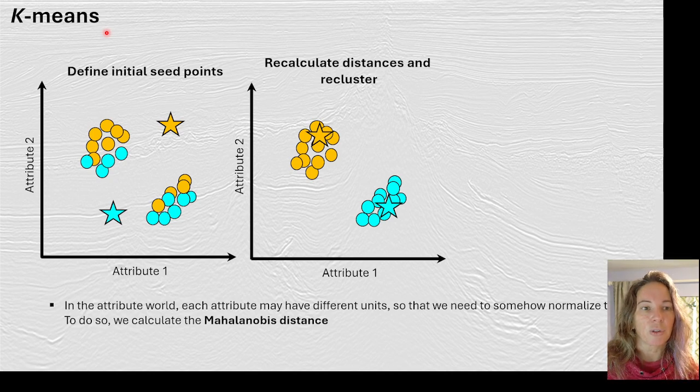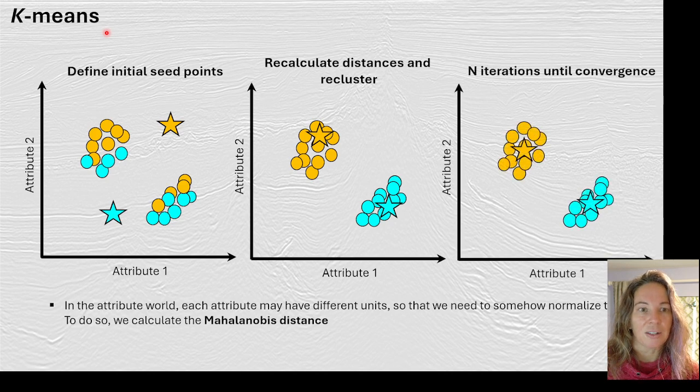The algorithm goes through and tries to move those seed points to be near a cluster center. It does this very iteratively, and eventually it converges. In this case, we had to identify ahead of time that we want 2 clusters. So that's one of the parameters that you'll give it as a geologist.